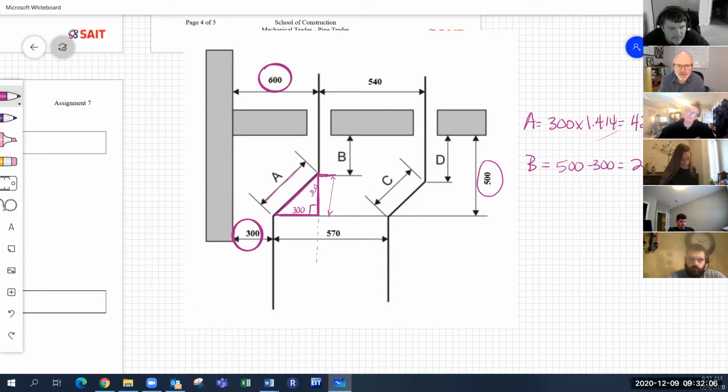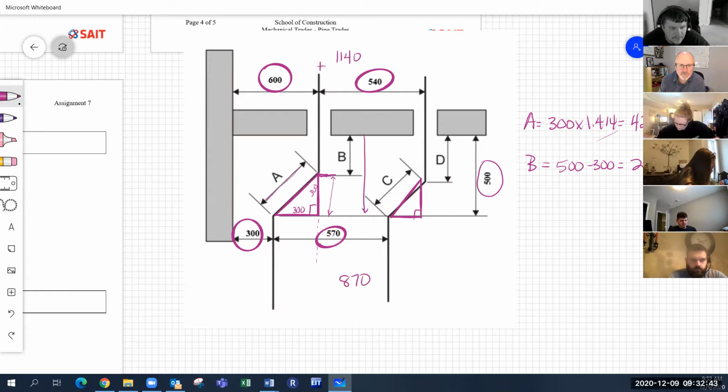Now C, I'm going to draw a right angle triangle right here. Oh, that didn't work. Let me draw that again. C, well, I don't know quite yet, Alex. I'm going to add these two together to get 1140 up at the top. And I'm going to add these two together on the bottom to get 870.